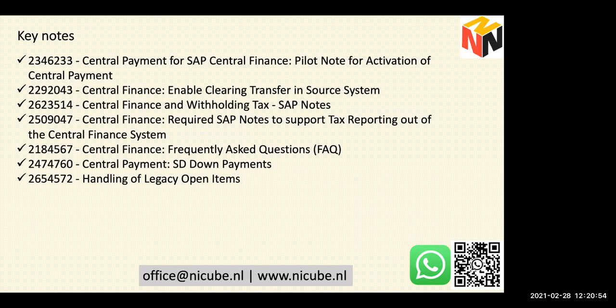There are no mismatch. System does a consistency check on source and target, and your payment date on your tax data is ready for tax reporting. So after you implement central finance, it is expected that you should use the end-to-end tax functionality, and you should use your central tax reporting. So required SAP notes to support tax reporting out of the standard central finance system.